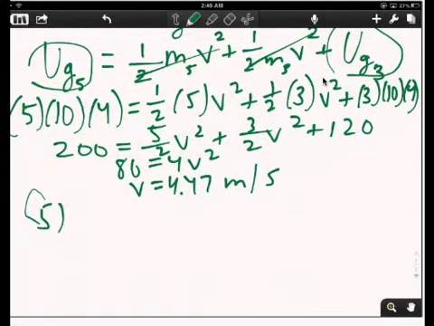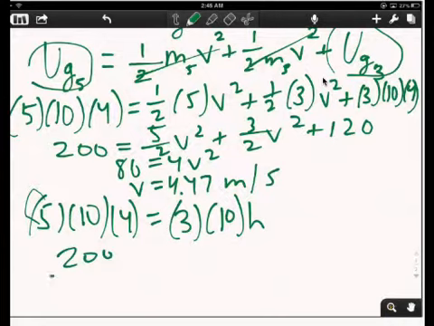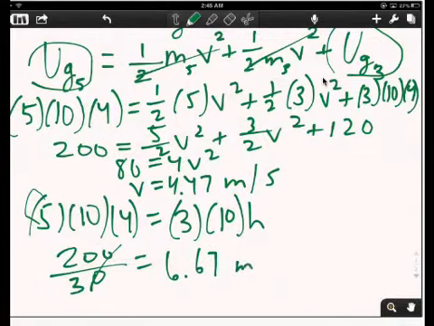So you take your 200 from the potential energy of the 5, and that's going to equal the final potential, so it'd be 200 divided by 30, which is 6.67 meters.